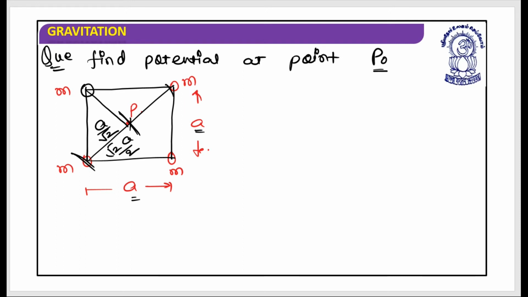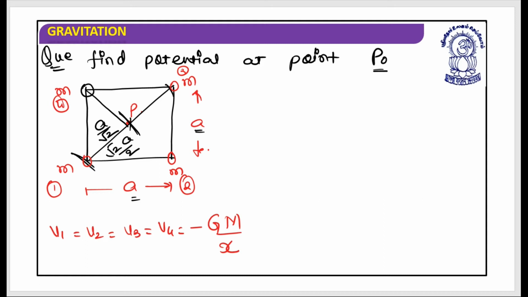So this is first, second, third, fourth. Potential due to first, second, third, fourth will all be the same because the mass is the same, the distance is the same. G would always be the same, it's minus of GM by, let's call it x.